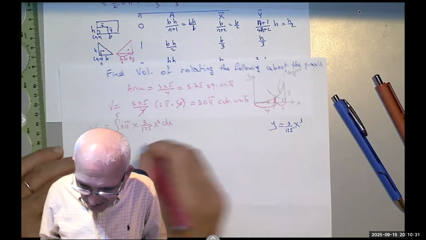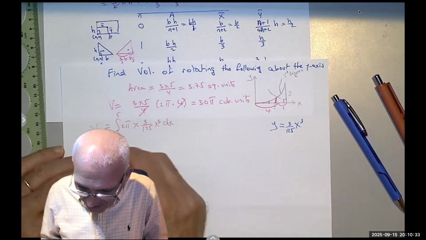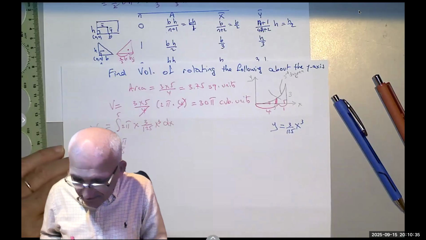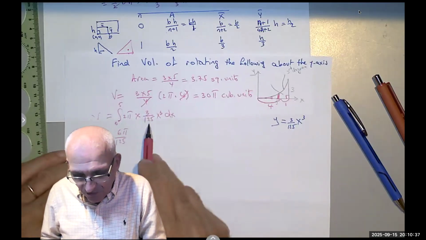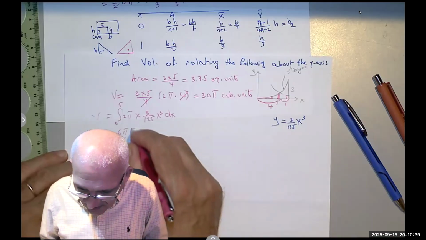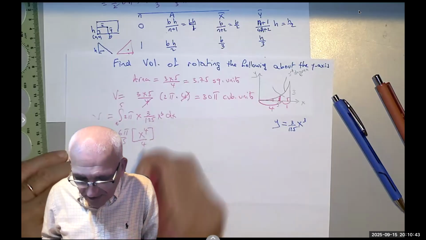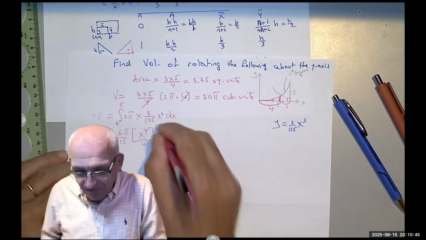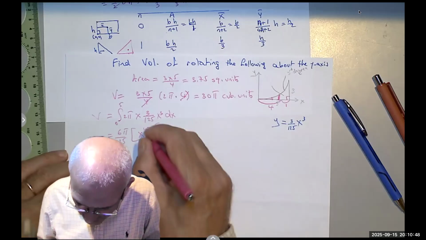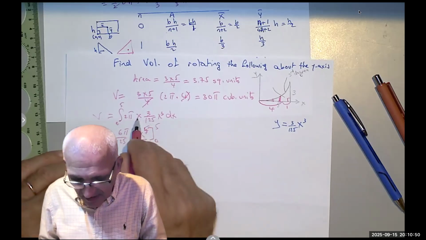Now, I get 6 over 125 pi, 2 times 3 over 125, times x to the 5 over 5 from 0 to 5, right? Integrating, oh, I'm sorry, there's an x here.